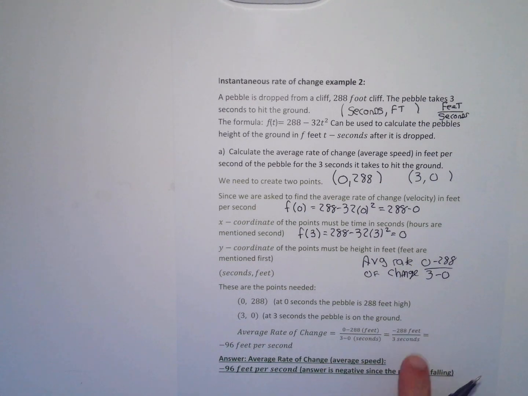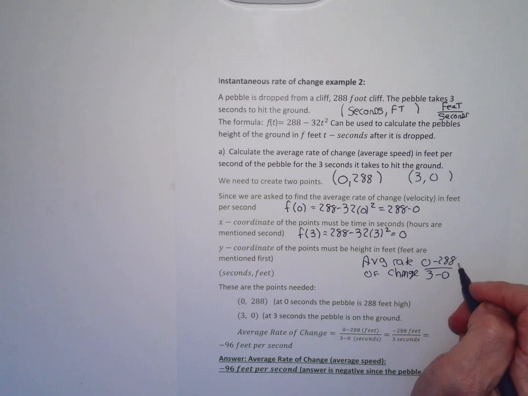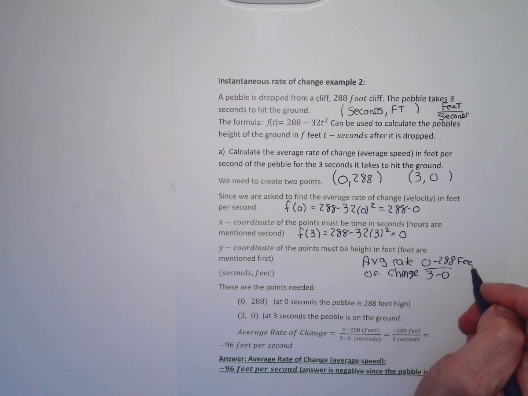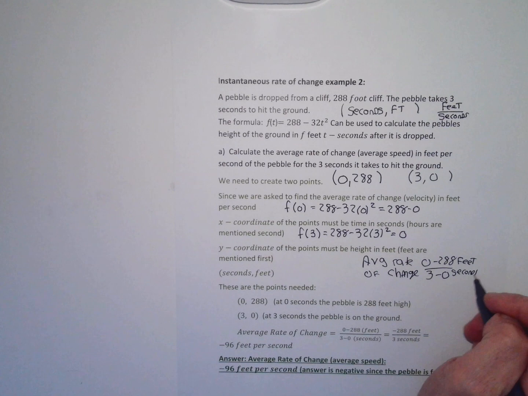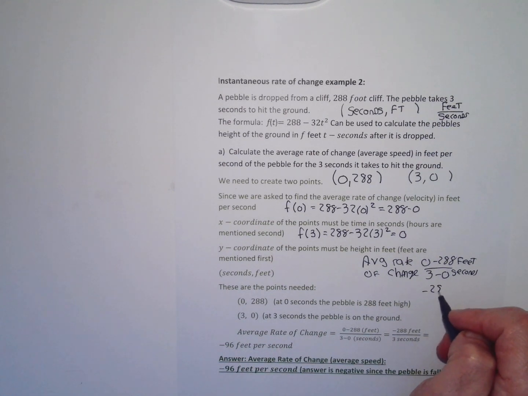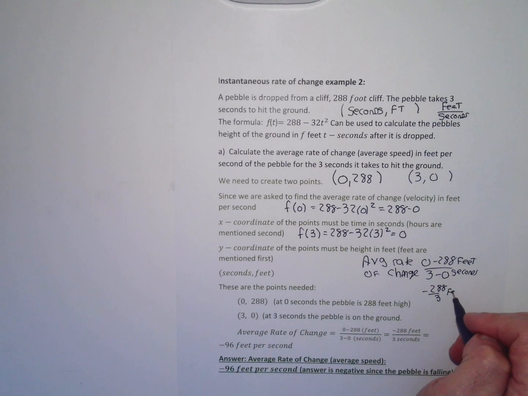That gives me negative 288 over 3. The numerator is the distance in feet. The denominator is the time in seconds. This gives me negative 288 over 3. And I'm going to write feet per second.